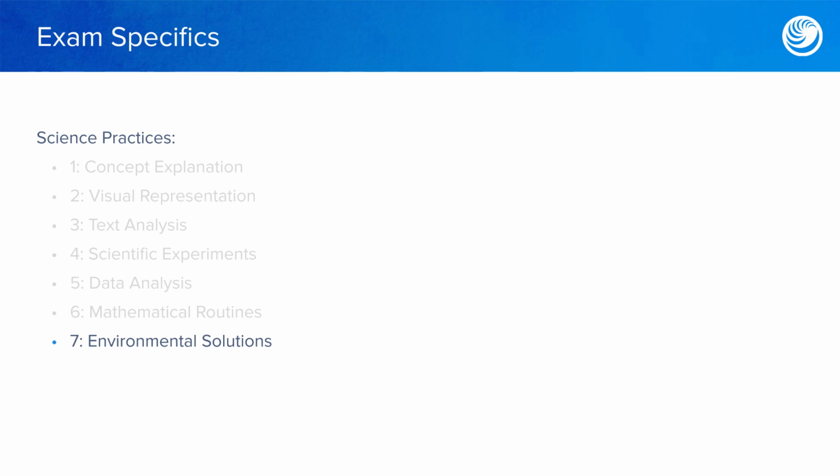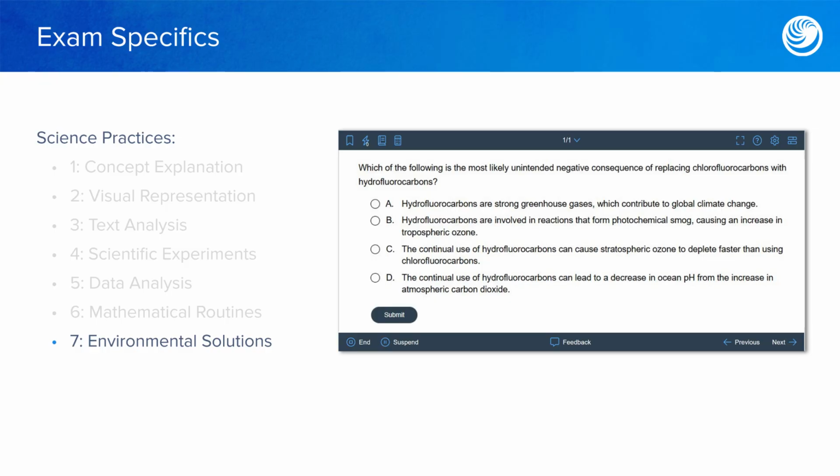Questions with this science practice will either provide an environmental problem or provide data that is linked to an environmental issue. Students will then be asked to describe the problem, provide a solution, describe advantages, disadvantages, or unintended consequences of a solution, or justify a solution with another advantage the solution provides.